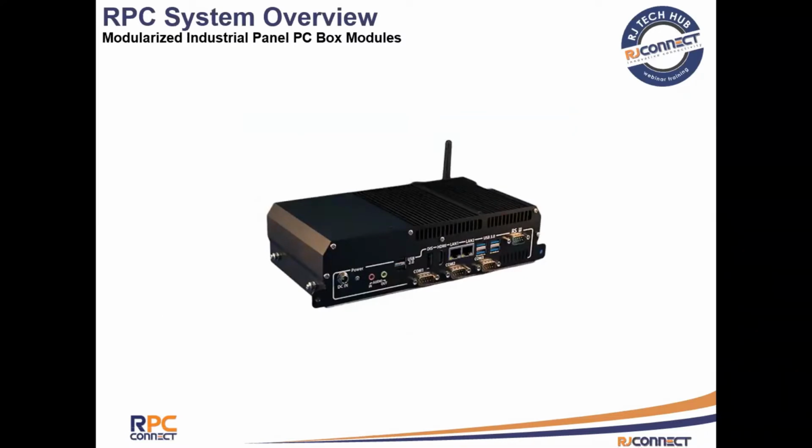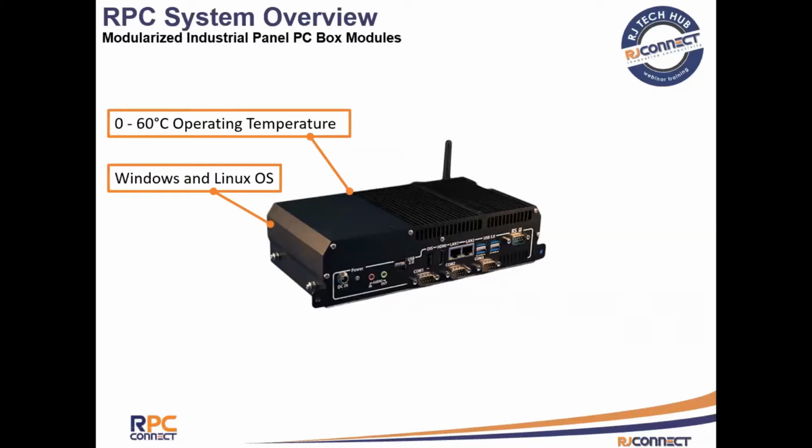Now let's have a look at the modularized industrial panel PC box module overview. The box module supports a wide operating temperature between 0 to 60 degrees Celsius. It supports Microsoft Windows 7, 8, 10, and also the Linux operating system. It has a 9 to 24 VDC jack for wide range power input.